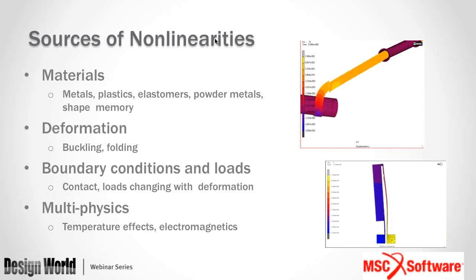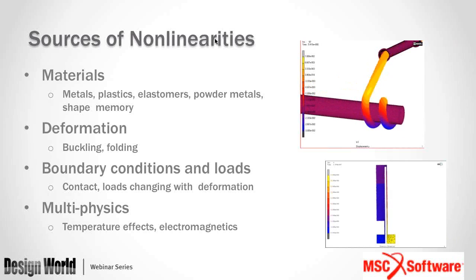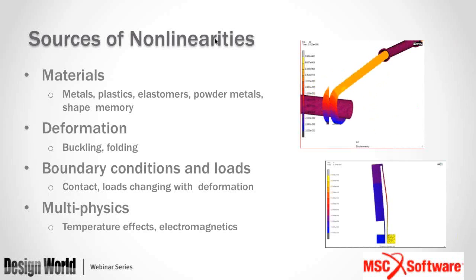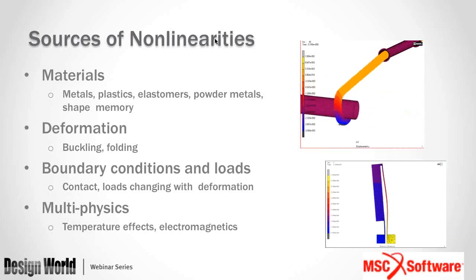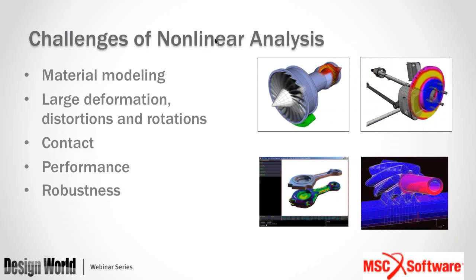That is a very common occurrence, so that is another thing that we need to account for. And finally, any kind of multiphysics interaction that can change the material response, and that in turn could lead to nonlinear behavior.